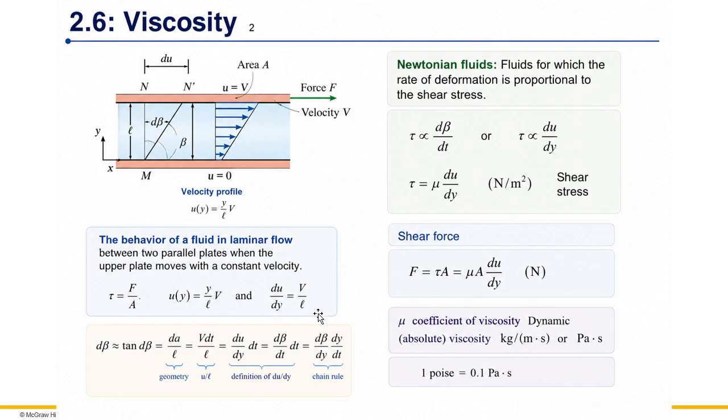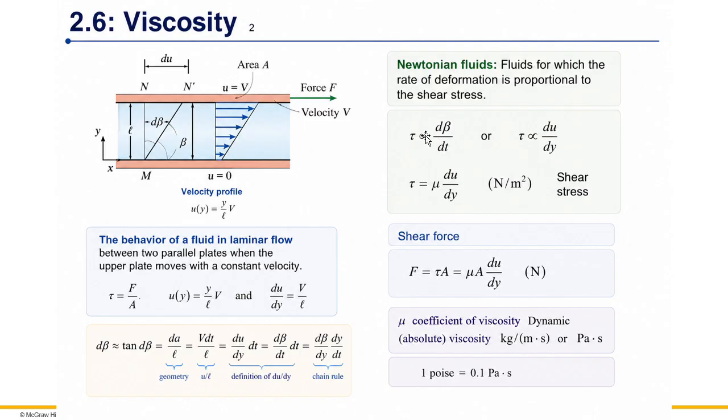For a Newtonian fluid, shear stress is proportional to the velocity gradient. So that means tau is directly proportional to du by dy, or we can write d-theta by dt, where d-theta is the small differential angle, and d-theta by dt means the angular velocity.